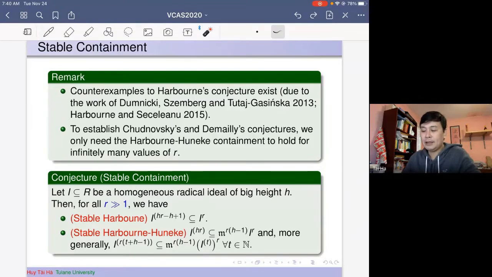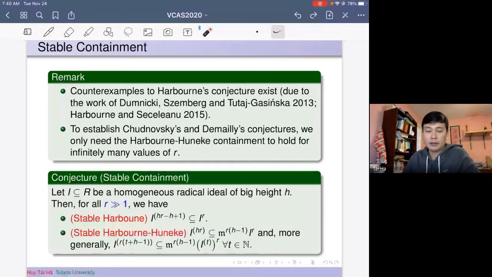Now, clearly, all the known counterexamples will not be counterexamples to the stable containment, because they are counterexamples specifically for the first containment, for I symbolic third not contained in I squared.